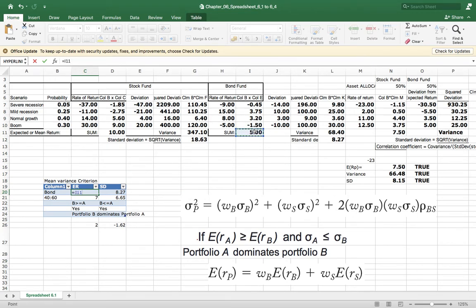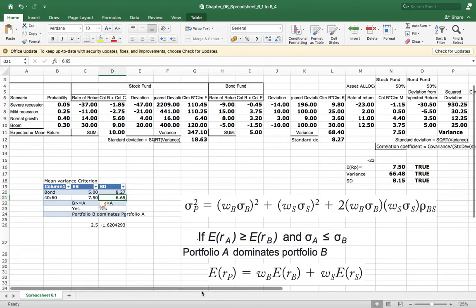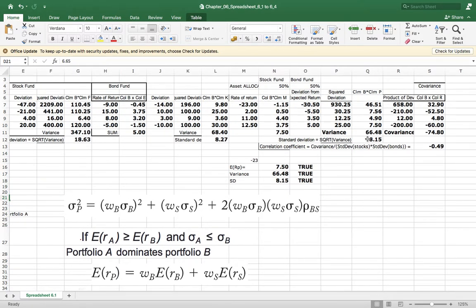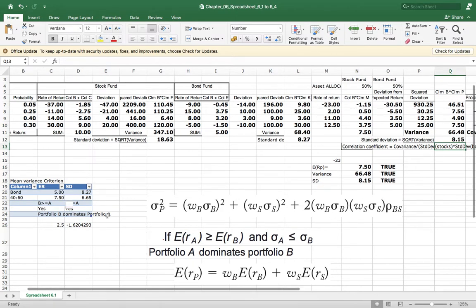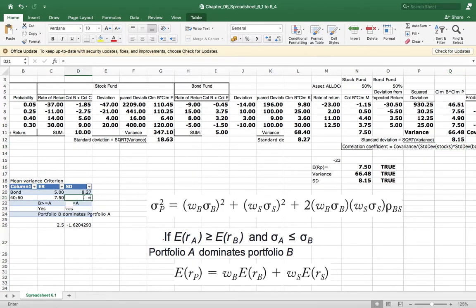Bond fund return is equal to this, and bond fund standard deviation is equal to this, and your portfolio return is equal to 7.5, and the bond fund's standard deviation is how much? 8.15, right? It's equal to 8.15. Enter.